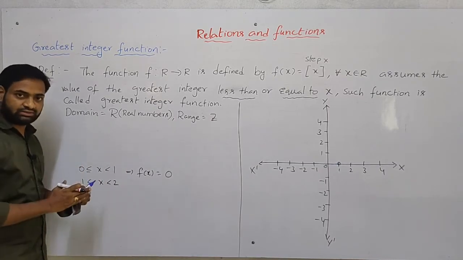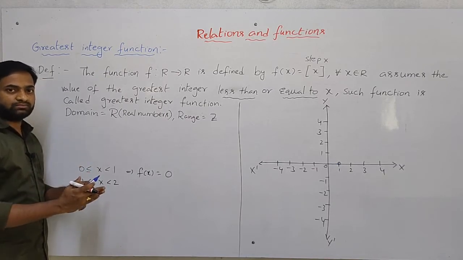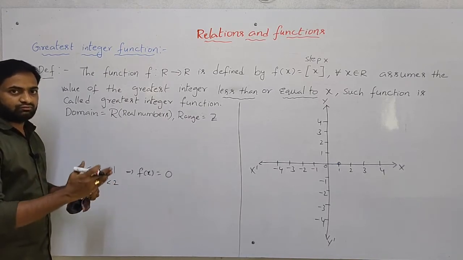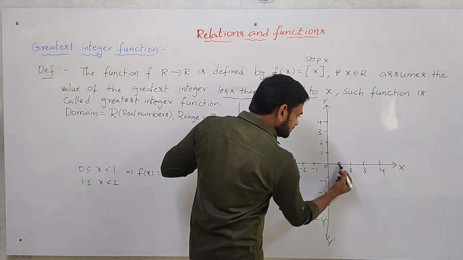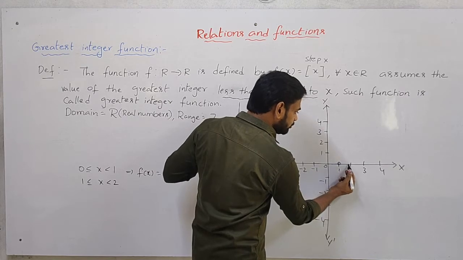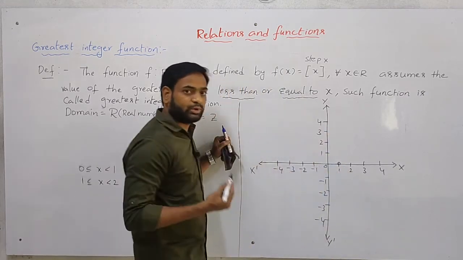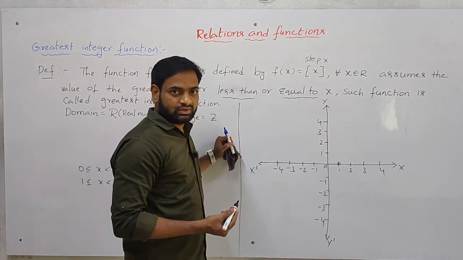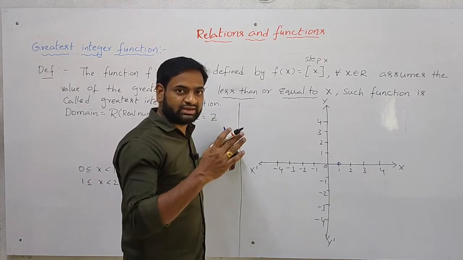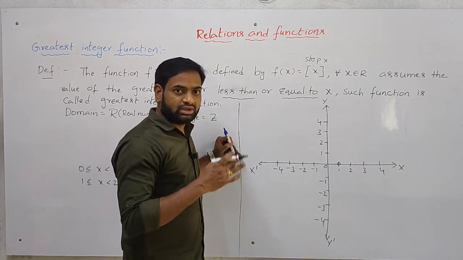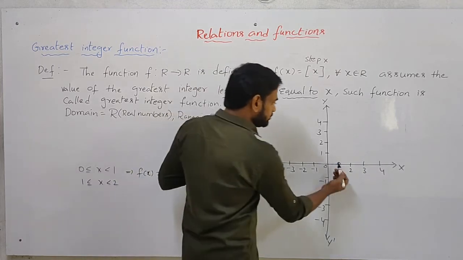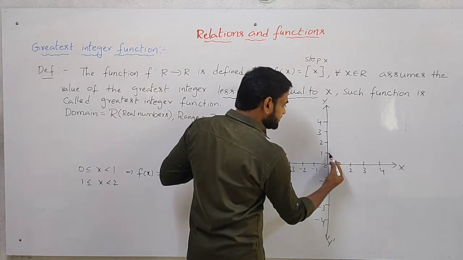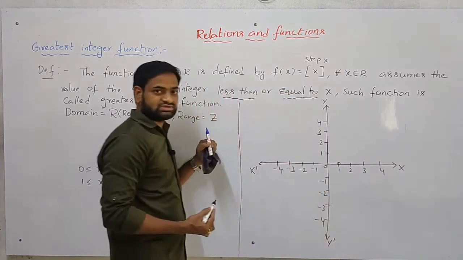That is 1, 1.1, 1.2, 1.3, up to 1.9. These all values lie between 1 and 2. Between 1 and 2, the least value is 1. So the answer is 1, here on the y-axis.